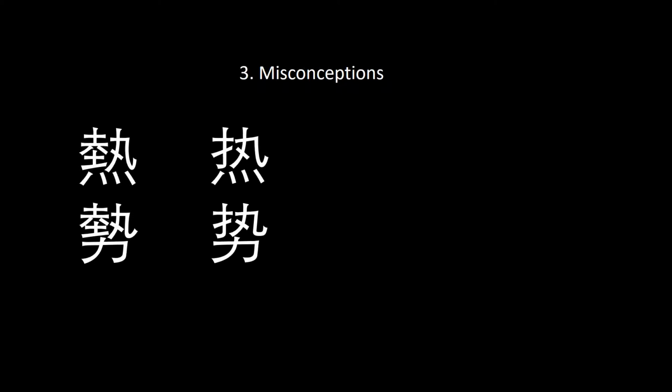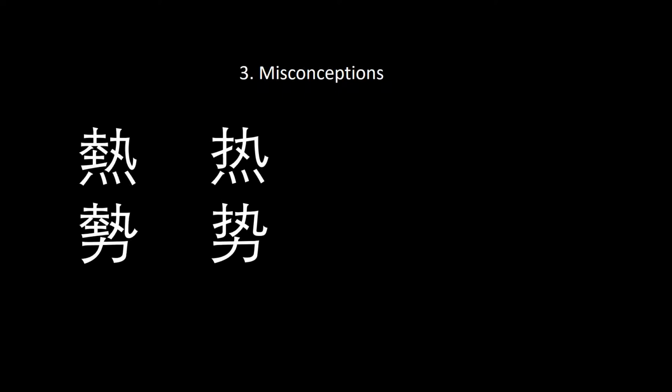Now, misconceptions. In the process of simplification, you may notice some patterns, and you may try to apply that pattern to all other words, but actually there's a misconception. For example, we take these two words, 热 and 是. The top word is 热, the bottom word is 是.